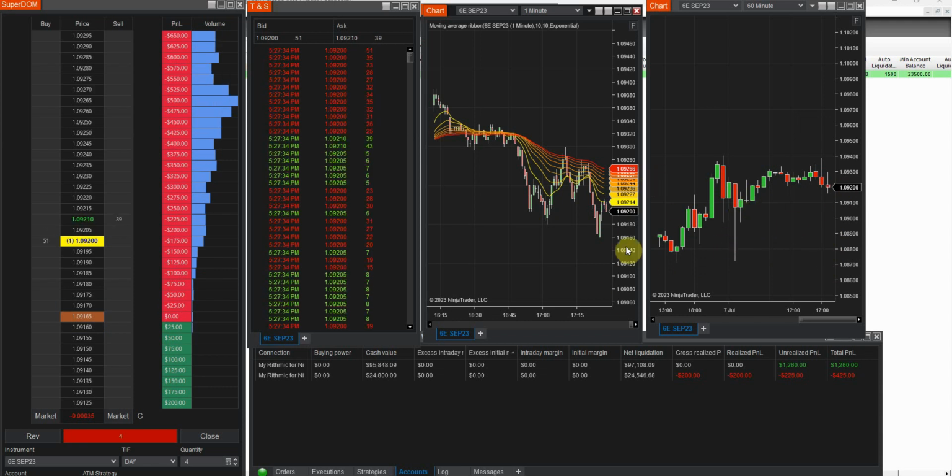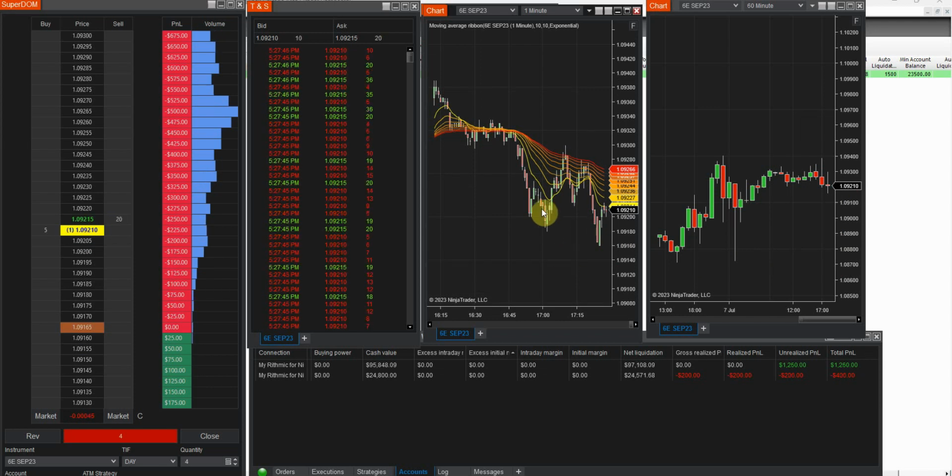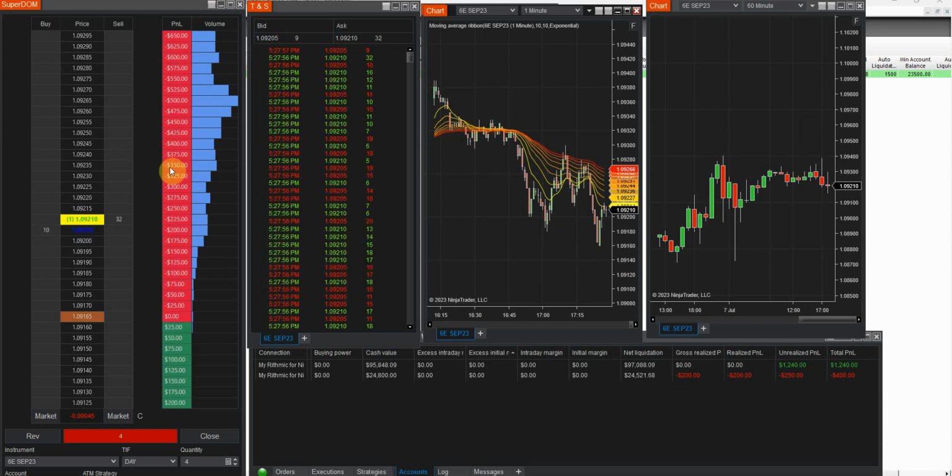So we're coming down a little bit. Still at a 225 loss. Really want this to kind of soak up the volume and then just drop for the next hour or so. As you can see, I'll just quickly show you on the SuperDOM as well.